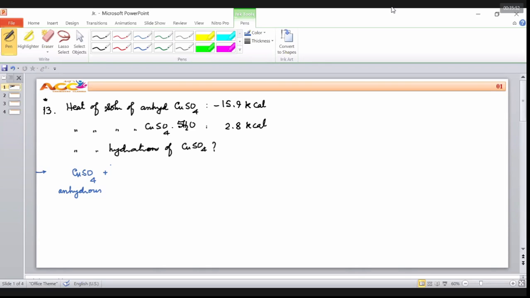So when you add 5 moles of water, it will form copper sulfate dot 5H2O. Job is finished. That is called enthalpy of hydration, the amount of heat energy released when 1 mole of anhydrous copper sulfate is hydrated by the required number of moles.